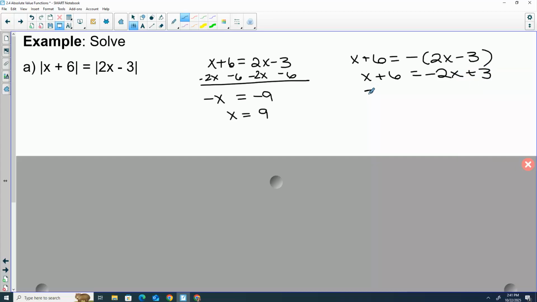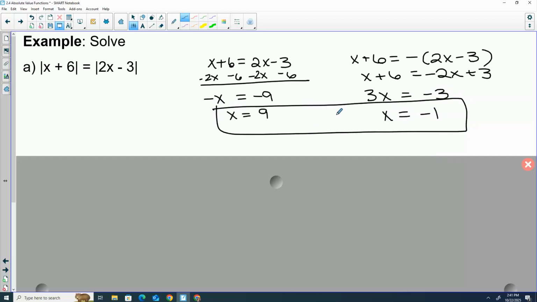To distribute that negative, and you do the right hand side. So did you guys get 9 and -1 for your answers?